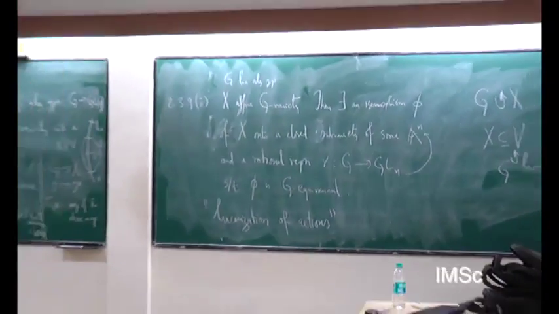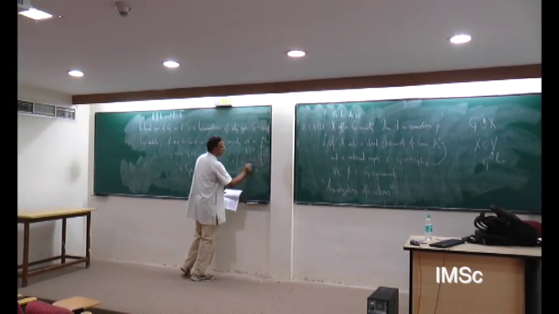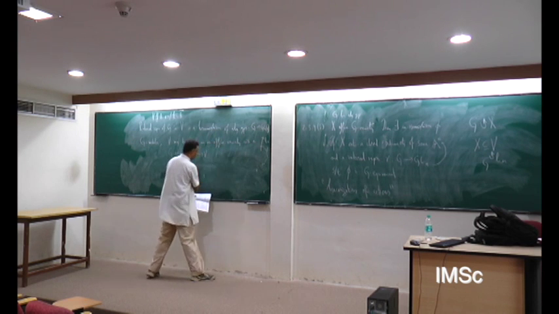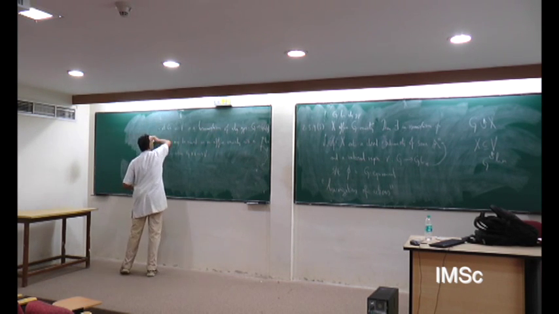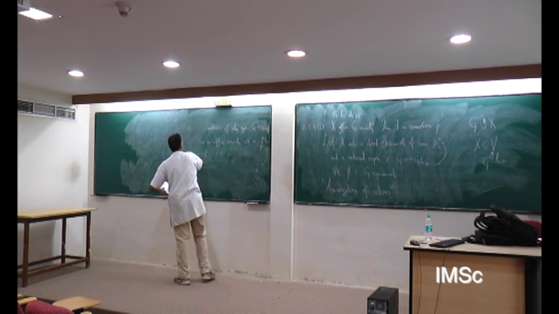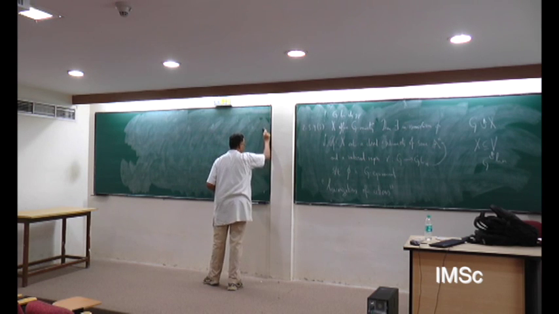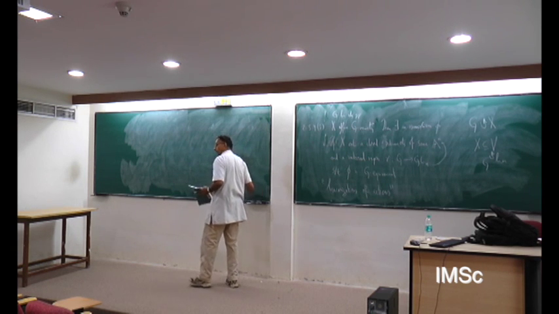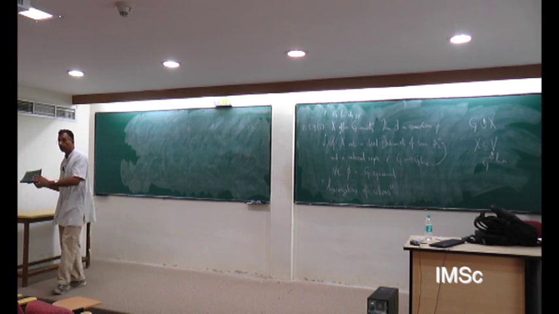the next lemma, this important one which will help us prove that every affine algebraic group is a linear algebraic group, says the following. If G acts on a variety X, then we have seen that G acts on its ring of functions.